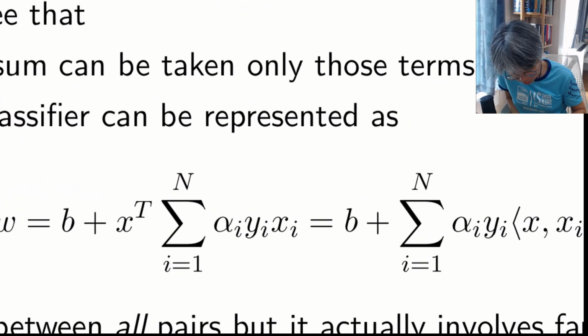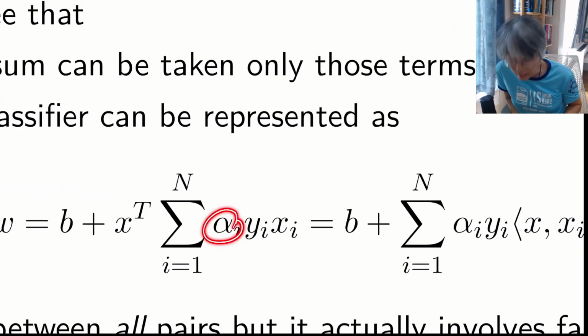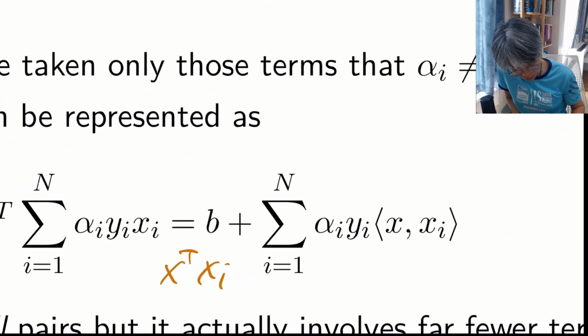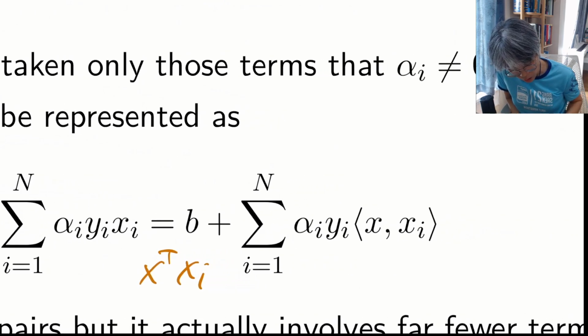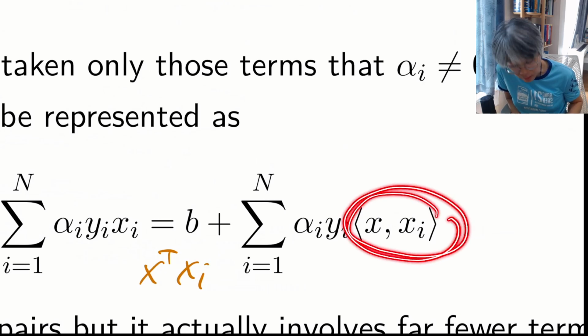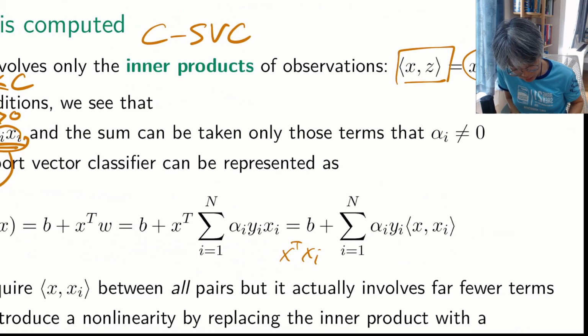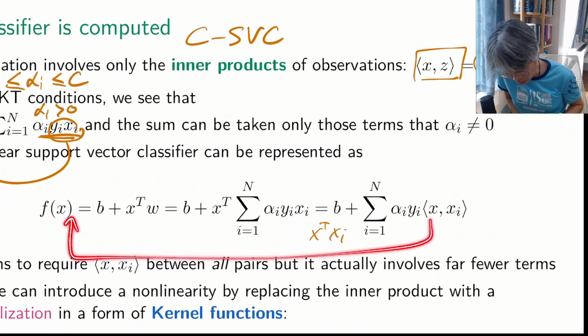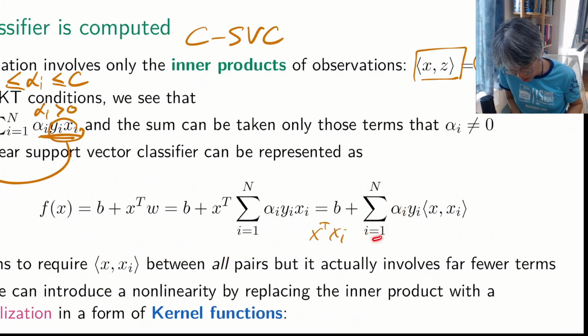So when we plug in this w in your classifier function, you see from this expression that this is a scalar, this is a scalar, only x_i is a vector, so your x transpose will be multiplied with this x_i. But then you can just use the concept of inner product, right? It turns out that only the inner products in the sum are needed in order to compute f(x).